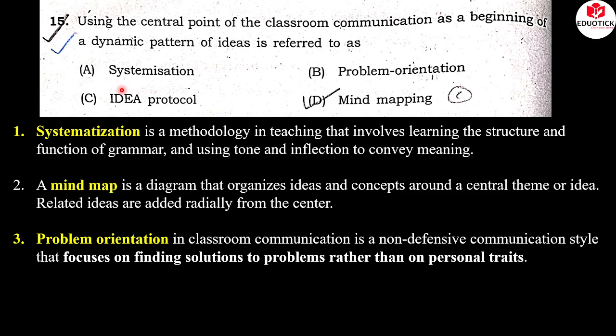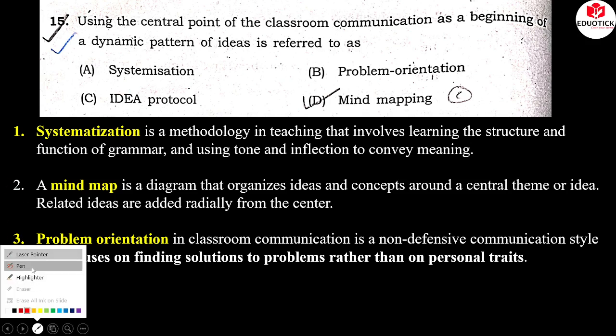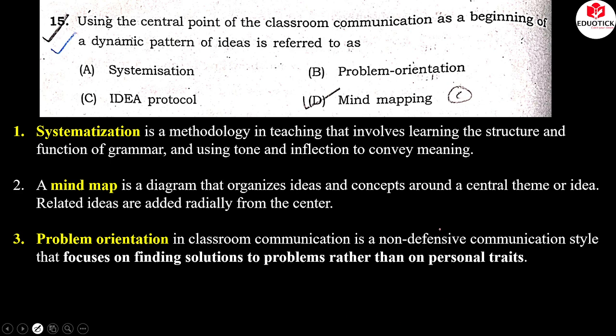A mind map is a diagram that organizes ideas and concepts around a central theme or idea. Related ideas are added radially from the center. Like if I show something, you draw something. If we draw, like this is some topic.